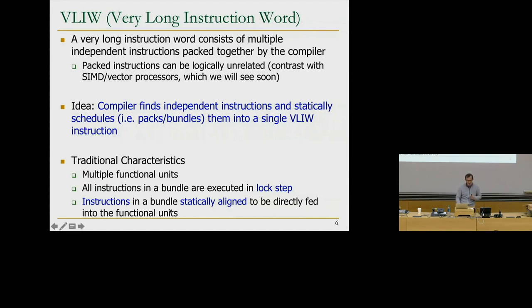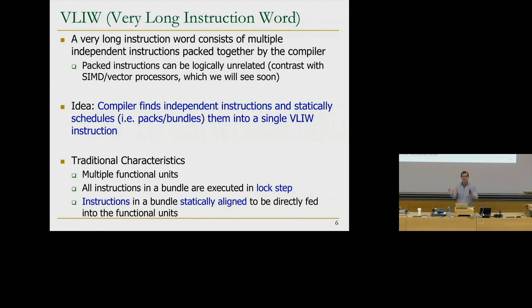As I said, instructions in a bundle are statically aligned so that you can directly feed them to the instruction in a functional unit. So if you think about this, the compiler needs to have intimate knowledge of what the machine looks like in this case. What is the pipeline? Where are the execution units? Basically, how many execution units do I have? What are the types of the execution units I have? What are the kinds of dependencies in which I should insert no-ops, or I should find independent instructions so that the machine doesn't need to do any dependence checking.